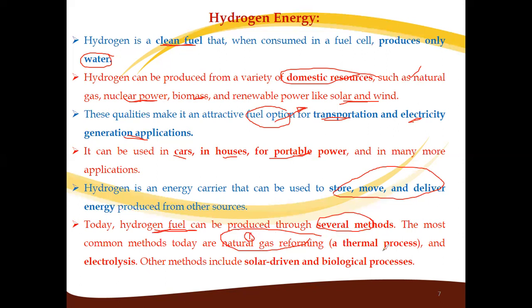That process is called a thermal process. And the second process is the electrolysis process, by which we can produce hydrogen. There are other methods also to produce hydrogen as a fuel, like solar driven processes, or biological processes of biomass. By these we can produce hydrogen as a fuel.